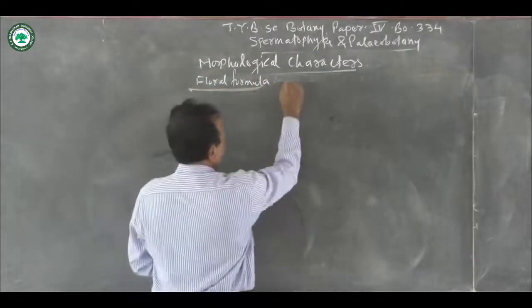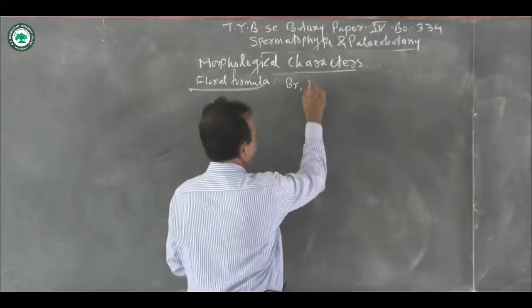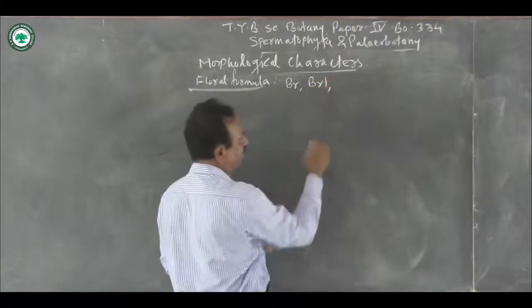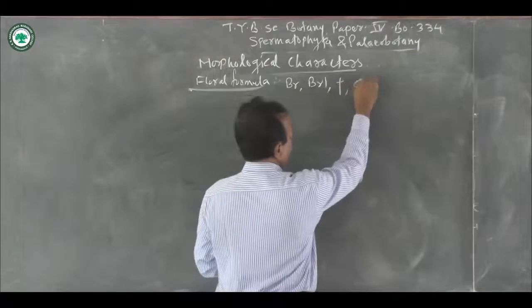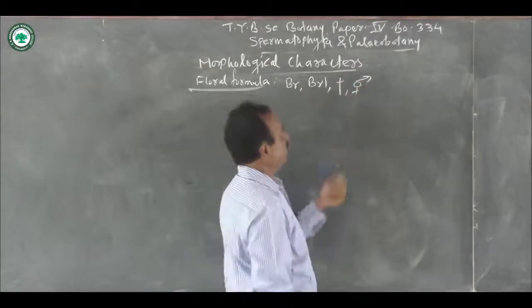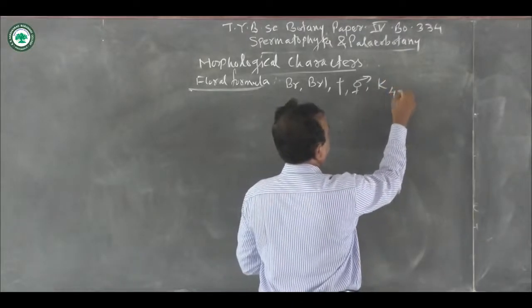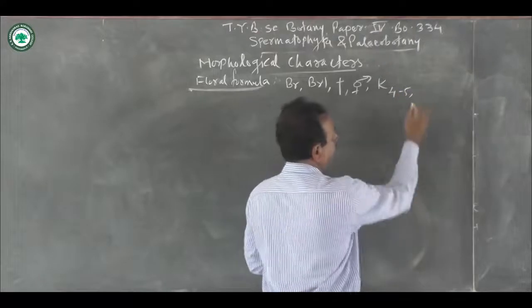So here the flowers are bracteate, so its symbol is Br. Bracteolate, zygomorphic. It has both androecium and gynoecium, so it is bisexual. Calyx 4 to 5, they are free.